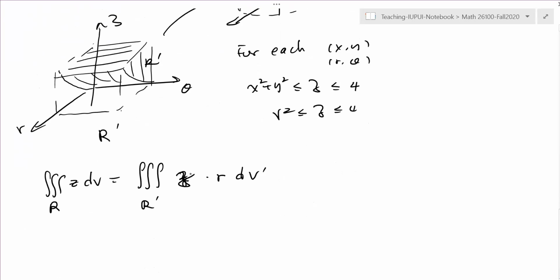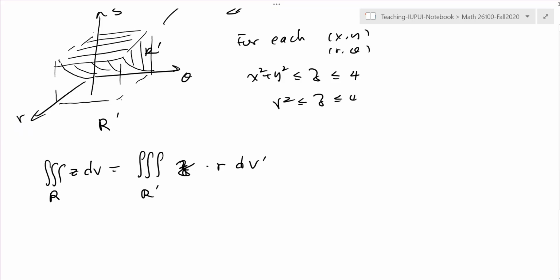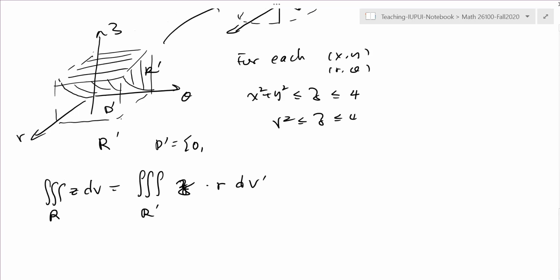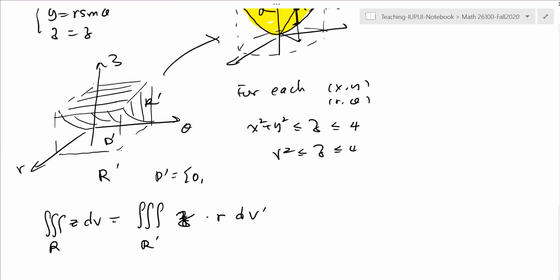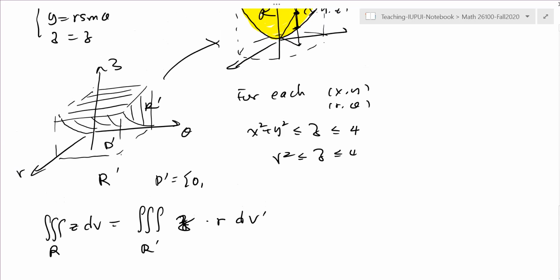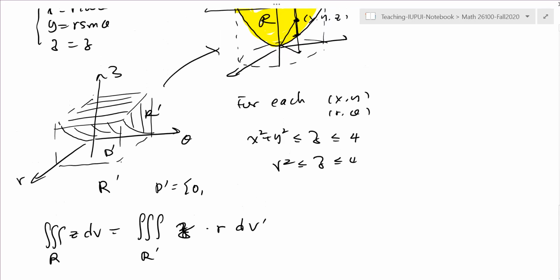Now this region is much better, and it is over the domain D prime. D prime is going to be from 0 to, let's see, we have to find out what the upper bound for r is.